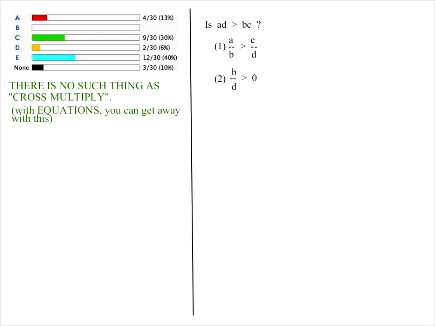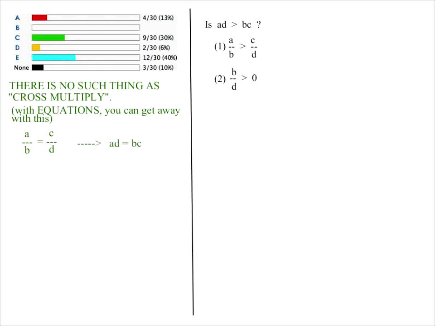It's a total fake operation. So like if you had an equal sign, let's talk about what's really going on here. If you have A over B equals C over D, then you actually can get AD equals BC.